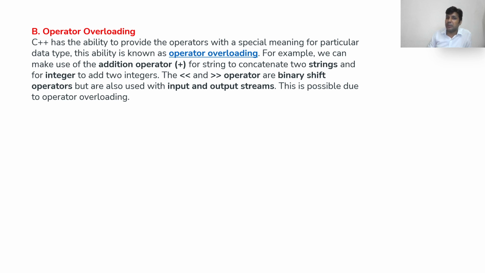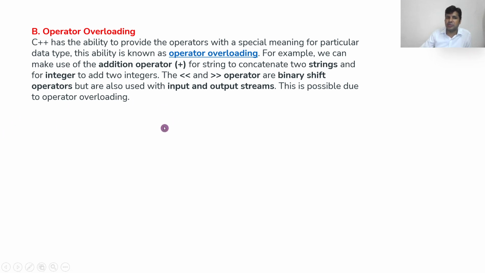If you use a single one, it is used as a greater than or less than operator. The same operators can be used in different ways. That is the polymorphism concept, where we can use the same name with a different behavior.